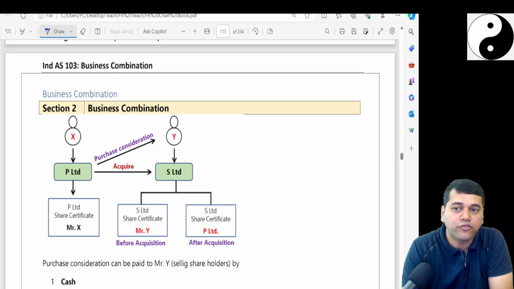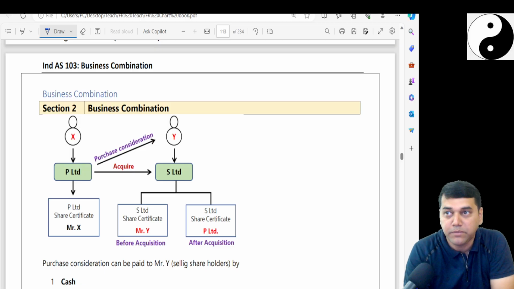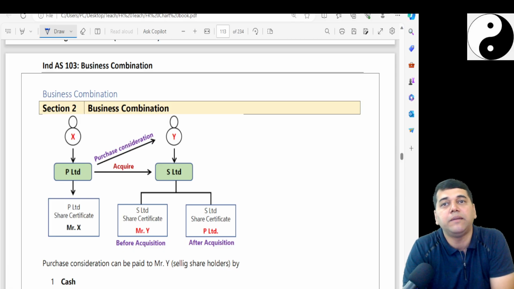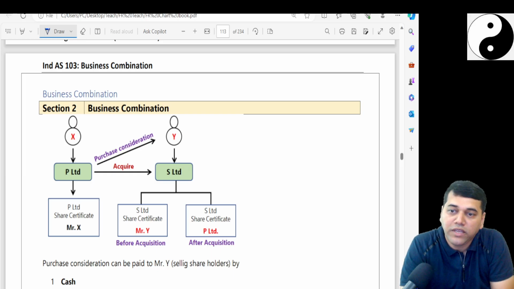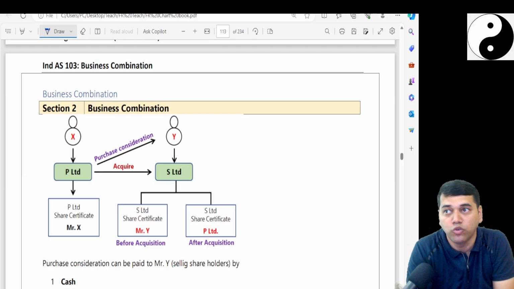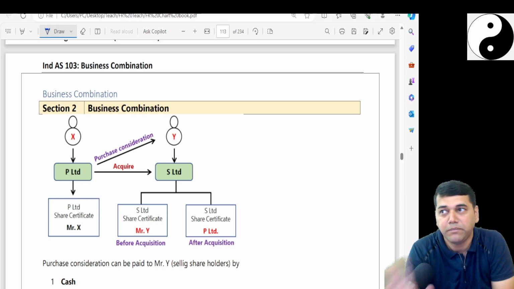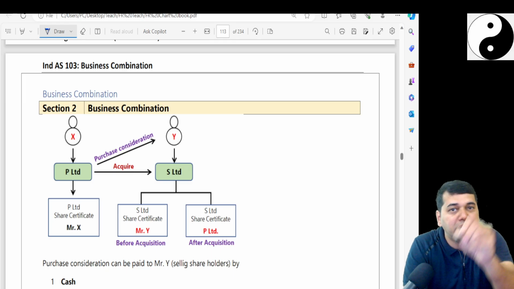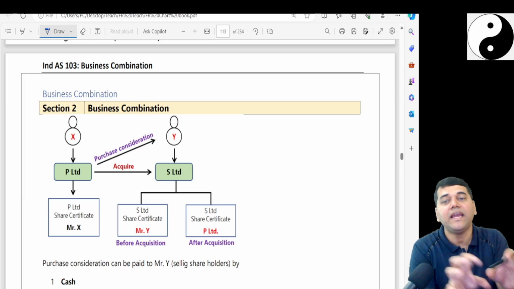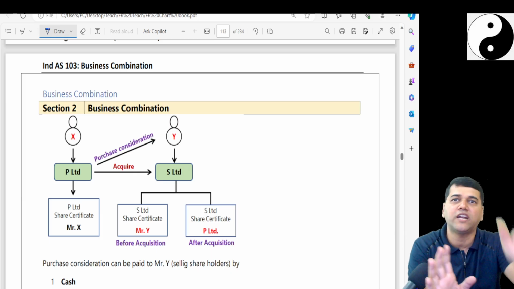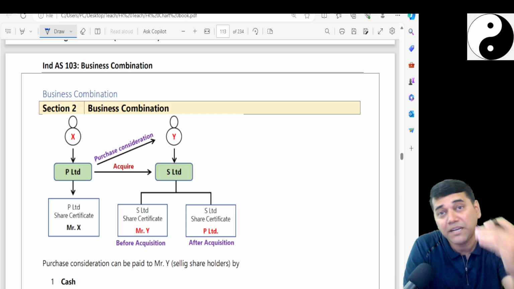So we will assume that P Limited is held by Mr. X, and S Limited is held by Mr. Y. Now, in the P Limited share certificate, whose name appears? Mr. X's name appears, and he is the owner of P Limited. In the S Limited balance sheet, Y's name will appear. Now we say P acquired S. Every question will start like that. What does that mean?